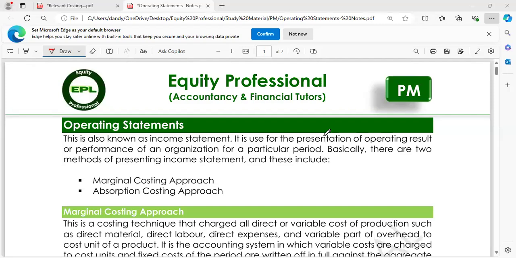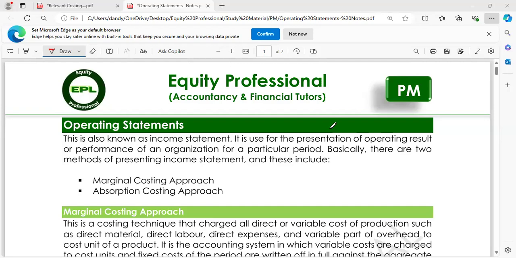What this simply means is that when it comes to decision making, you need the technique of marginal costing in order to support management, so that management can focus on the critical success factors of the organization.